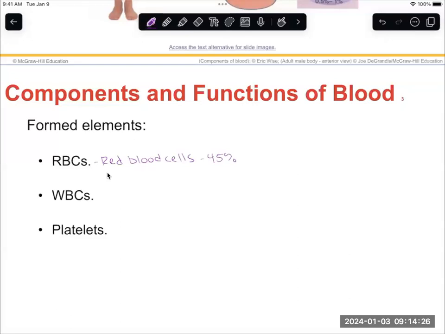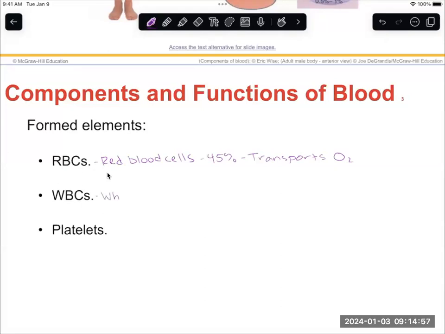Red blood cells, their main job is to transport oxygen. They're transporting oxygen to our tissues. This carrying of oxygen to our tissues allows our cells to perform their daily metabolic activities. We use oxygen to make energy.